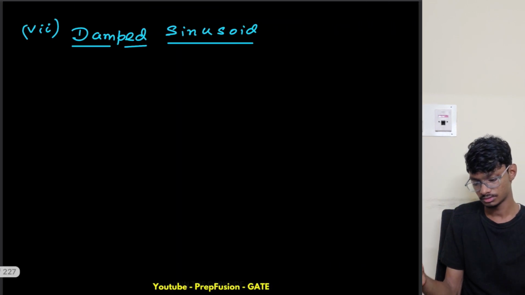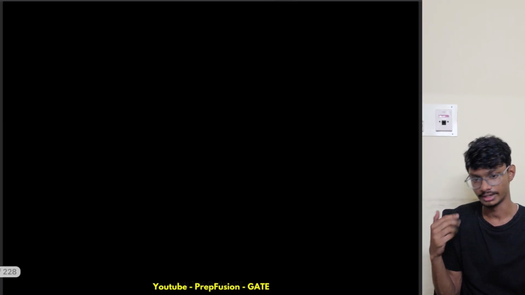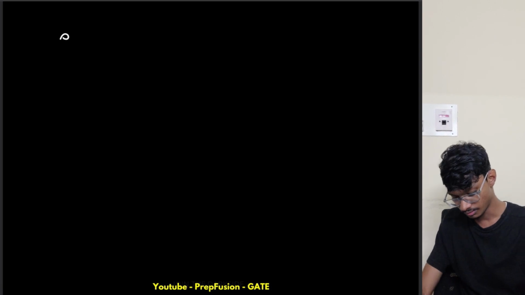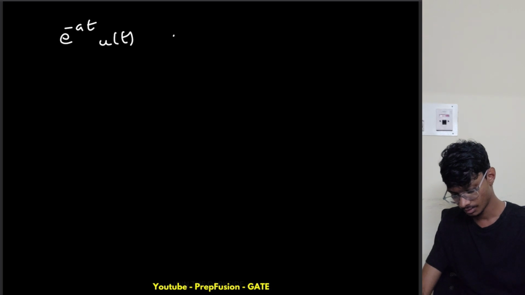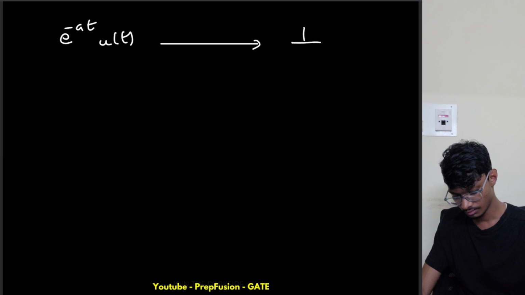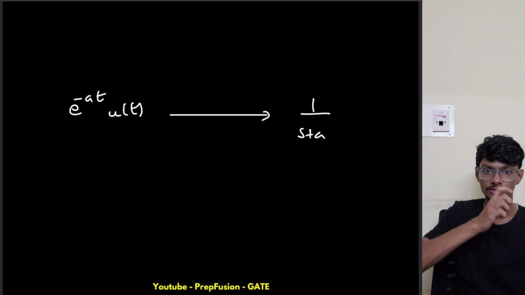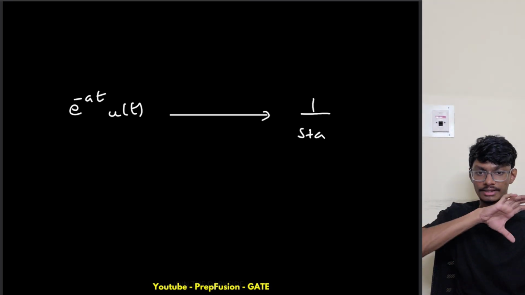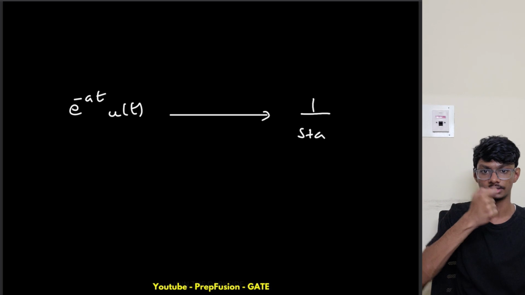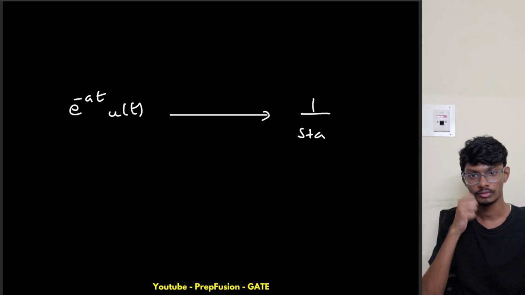Just hold on, let me add a new slide. For e raised to power minus a t, u of t, we are getting 1 by s plus a. Can we relate this with the unit step? If we multiply by an exponential, the Laplace transform shifts by that same amount.